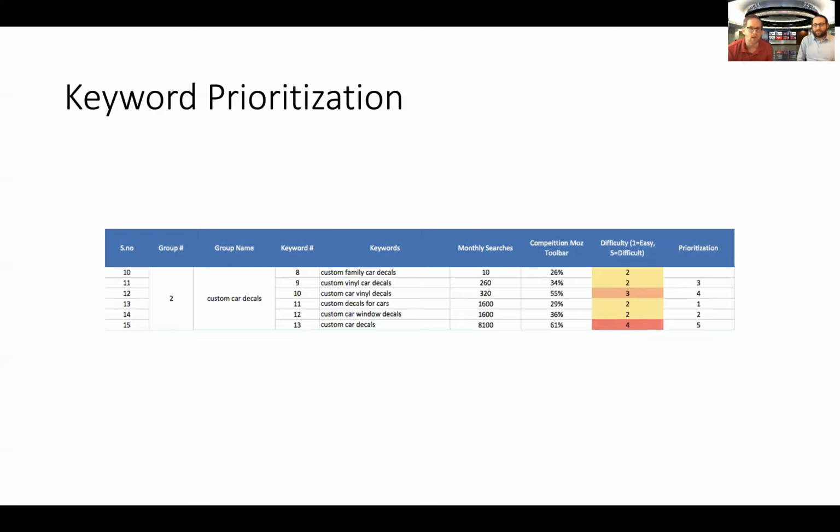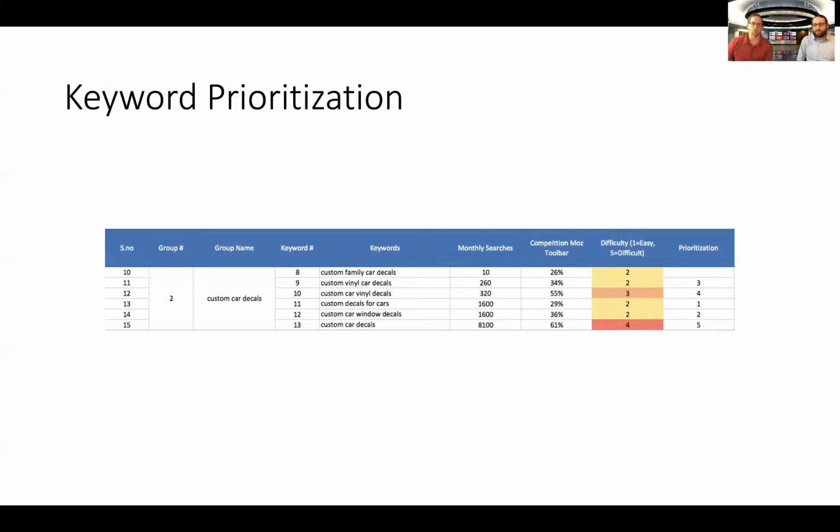So the 29% versus 26%, yes, that's a difference, but there's only 10 searches with the 26%. So we kind of ignore that because that's not really that much of a priority for us to go after just 10 searches. The 1,600 searches is very nice. It's our second most searches based on these keywords, but it's by far the one with the most search volume and the lowest difficulty. So we went there, number 1.